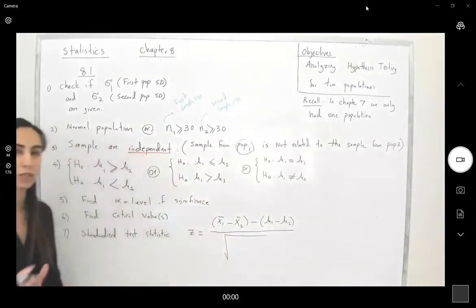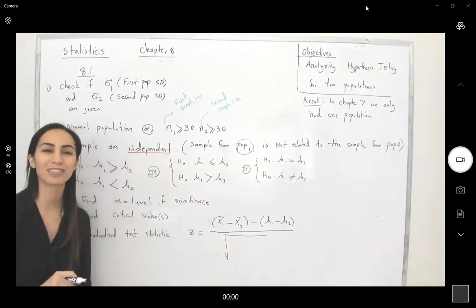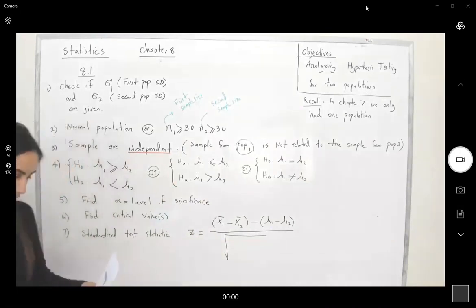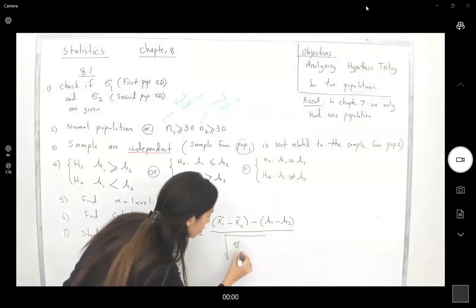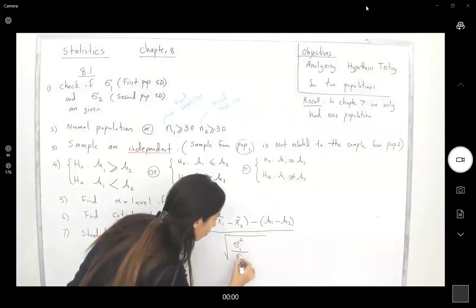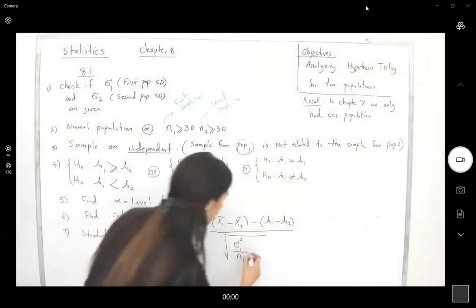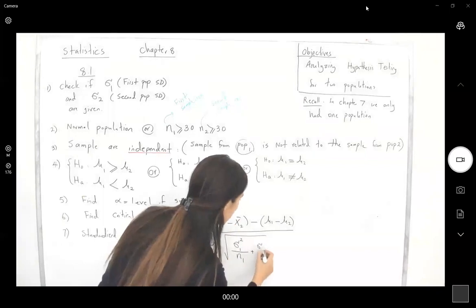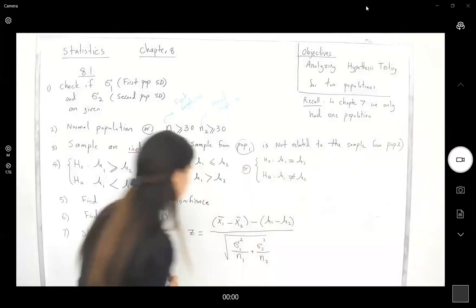It's a crazy looking formula. That's why we prefer to use a calculator. On the denominator, you have sigma sub 1 squared over n1 plus sigma sub 2 squared divided by n2.